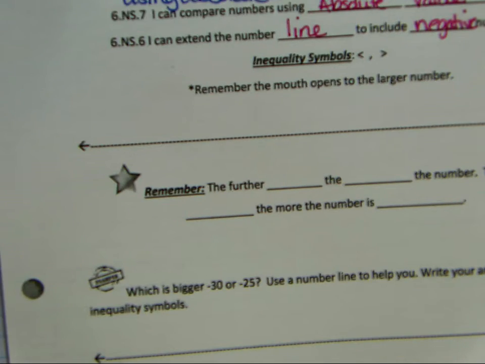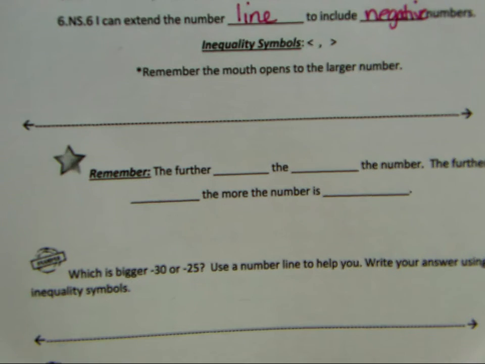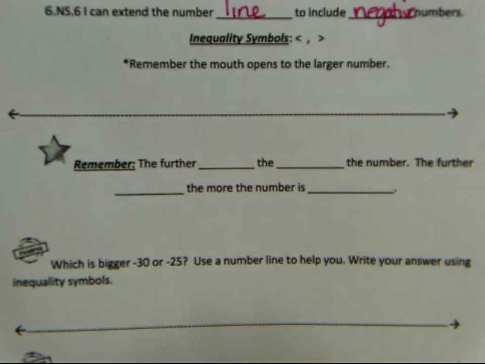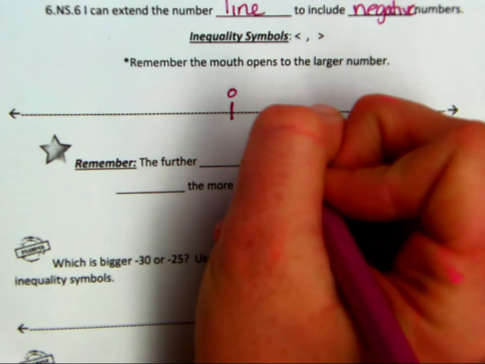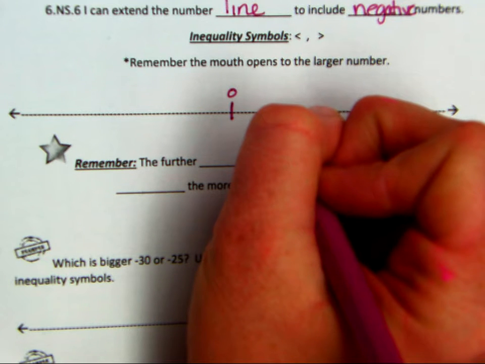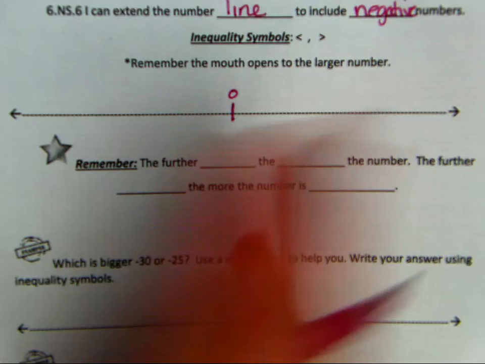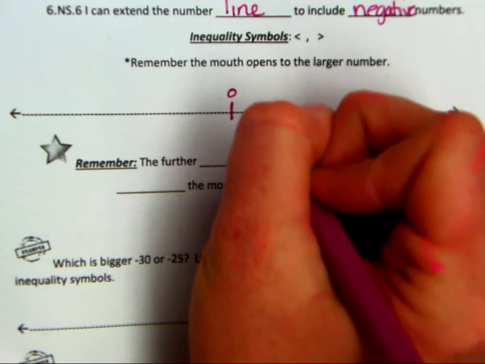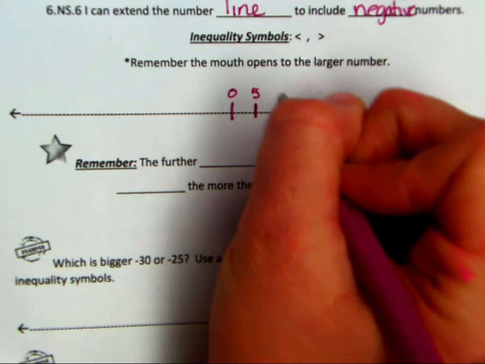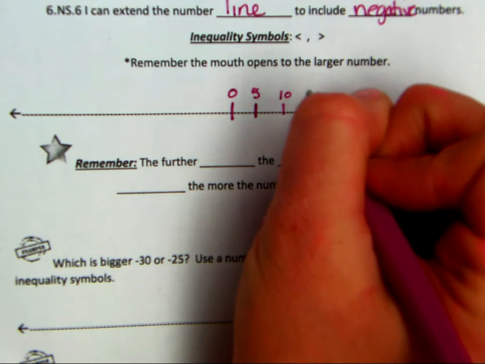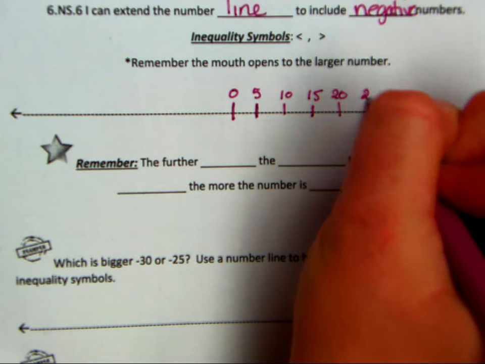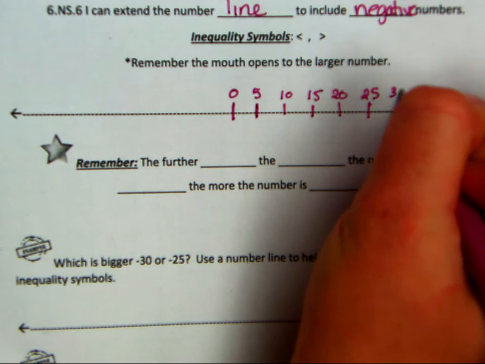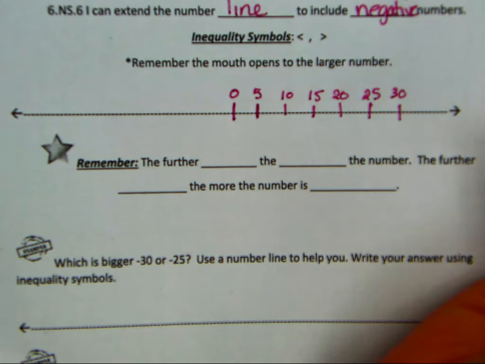When we are doing a number line, let's make a number line here. The center is going to be our 0, and I'm going to do ticks at intervals of 5 because of space. So I'm going to have 5, 10, 15, 20, 25, 30, and so forth.